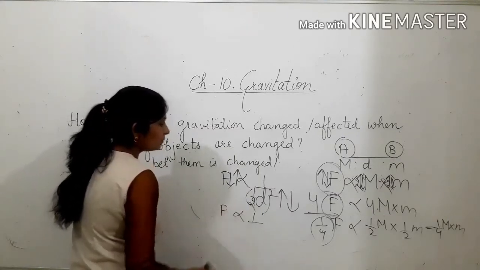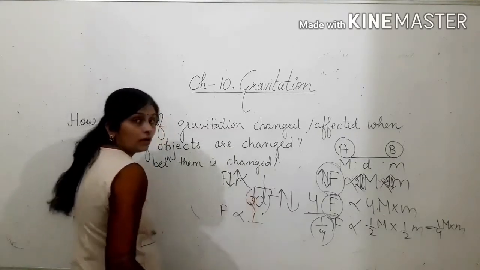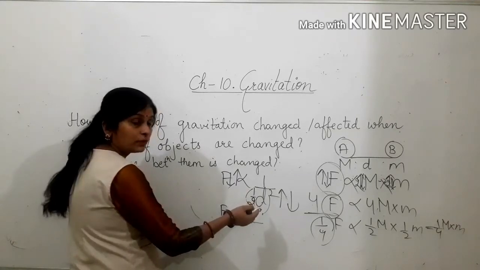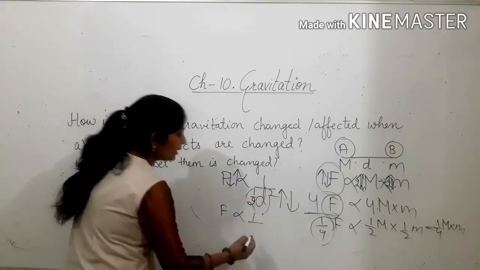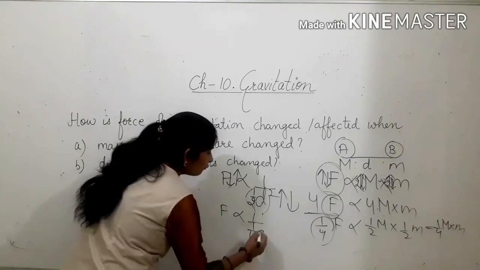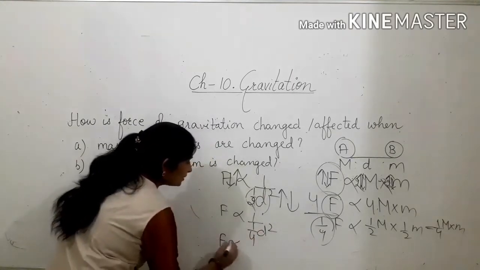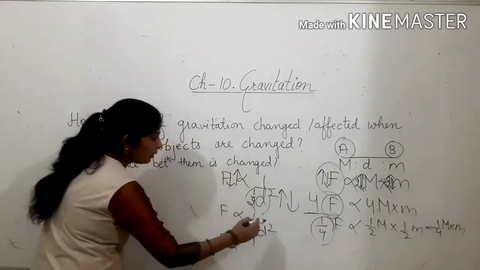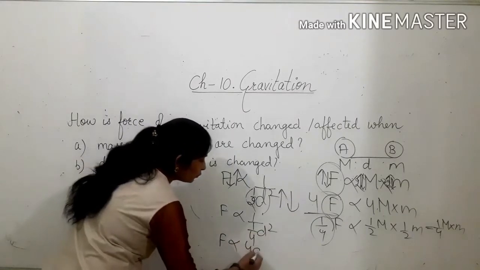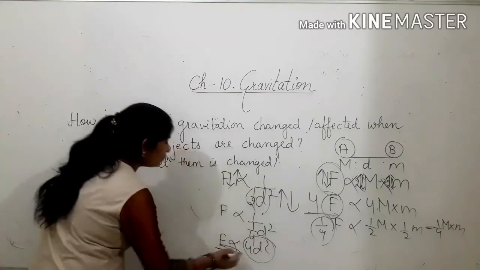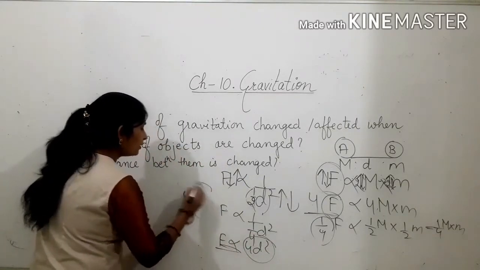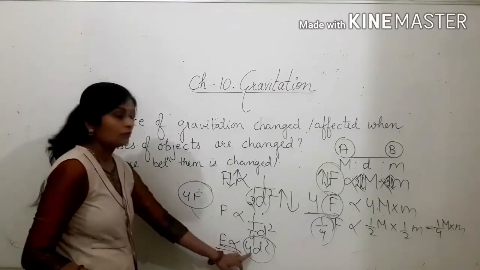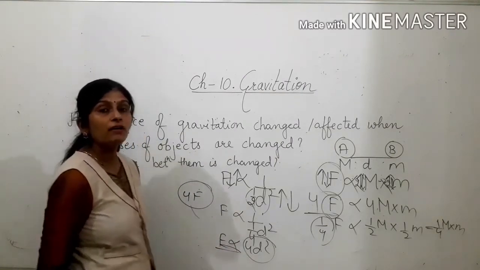So F is inversely proportional to the square of the distance. Distance is half d, its square is 1 upon 4 d square. Then force is proportional to 1 upon d square by 4, that is 4 times. It means now force is 4 times the former value.